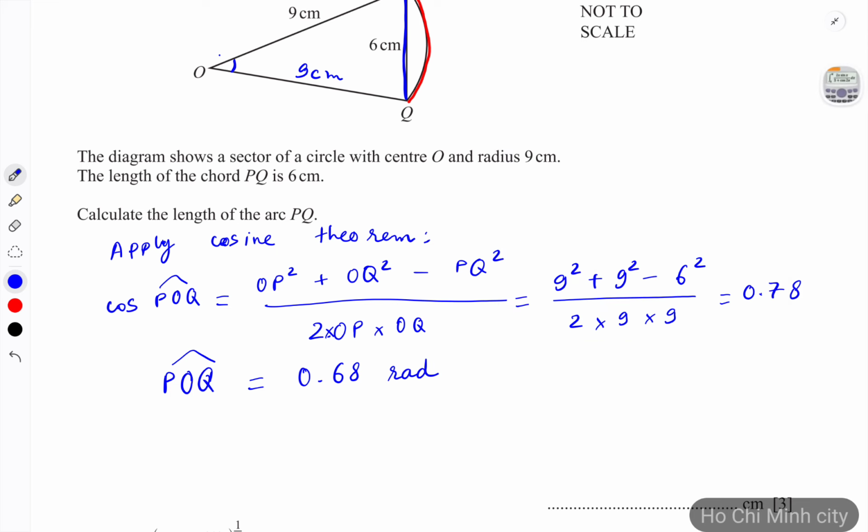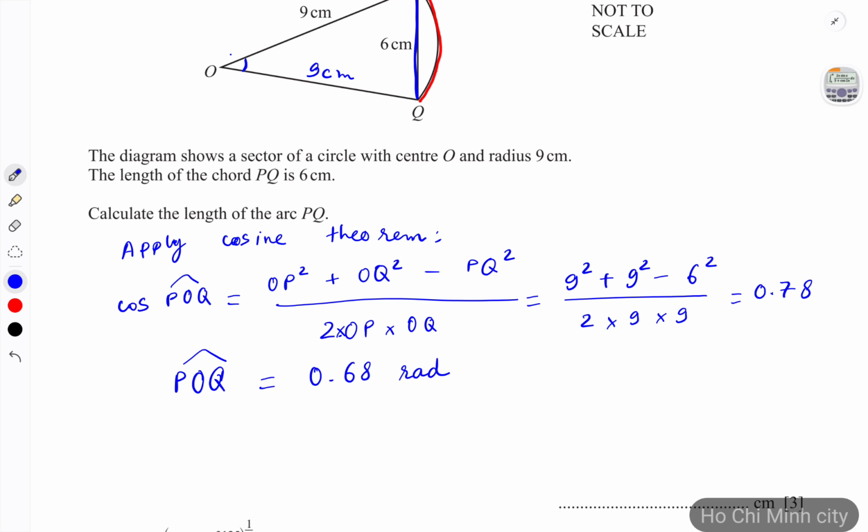All right, so it's time to use the formula for calculating the arc PQ. The formula is theta times the radius.